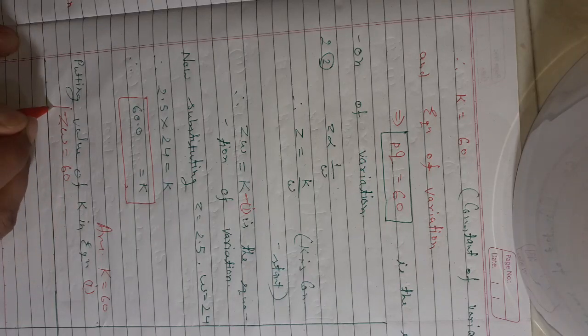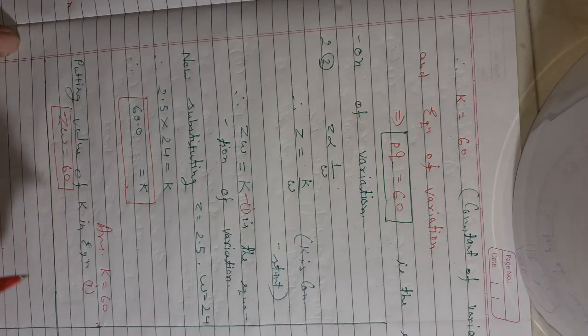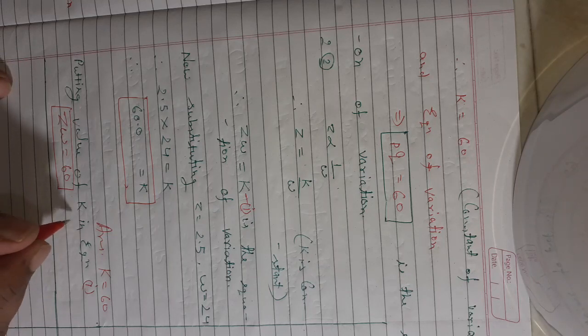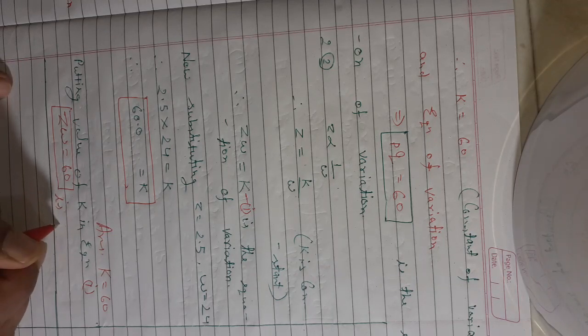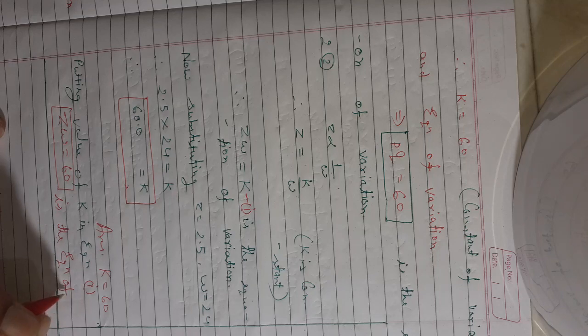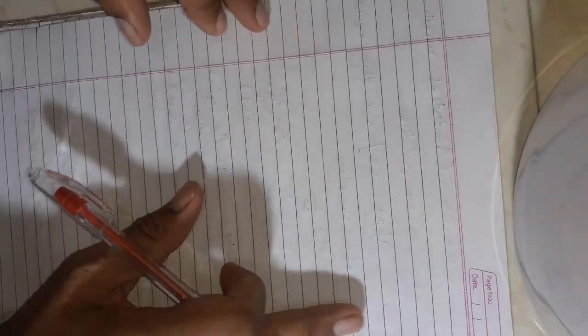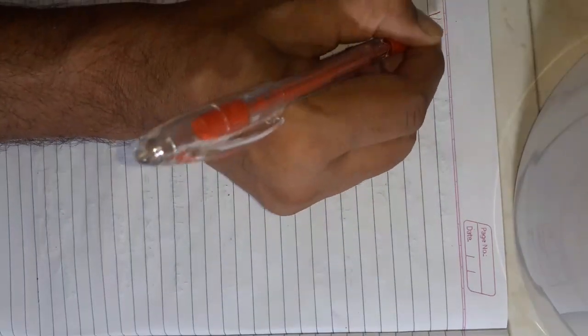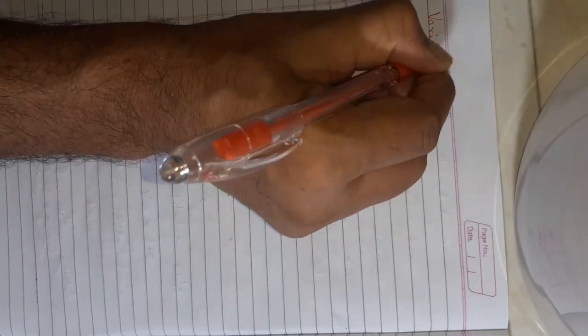So zw is equal to 60. This is the equation of variation. Clear? So this is the final answer.